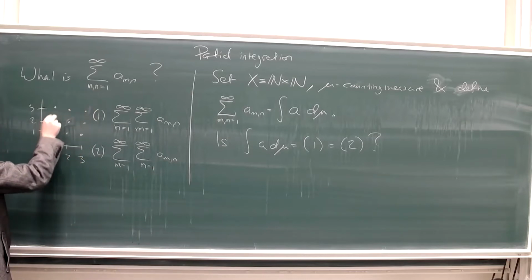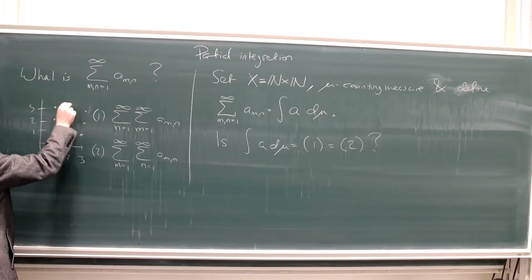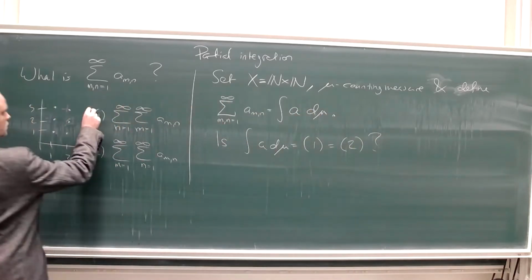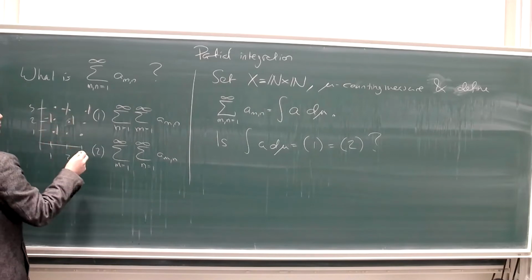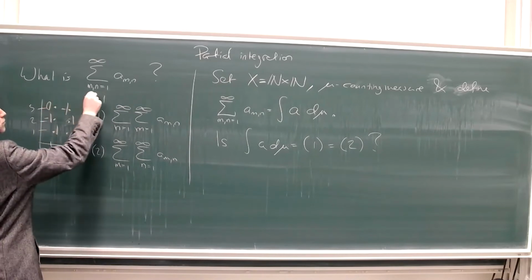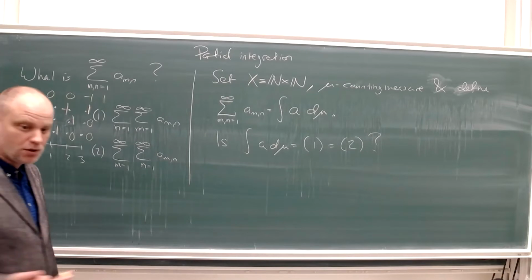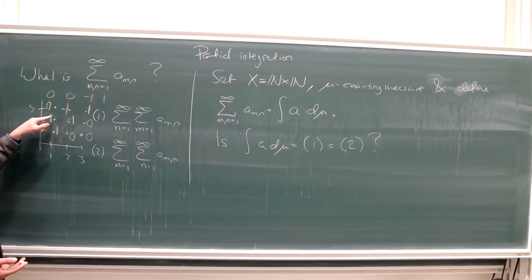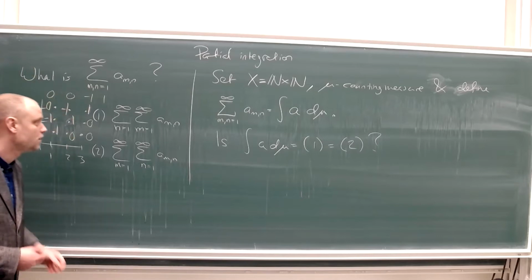Here I do -1, -1. Okay, so suppose we define a sequence like this. We have 1s on this diagonal, -1s on this off diagonal, and then 0s everywhere else.